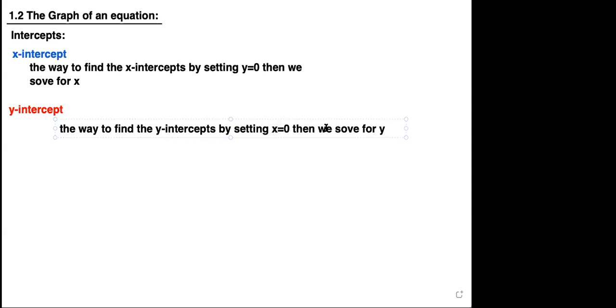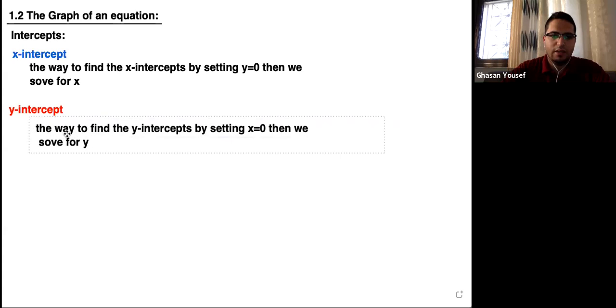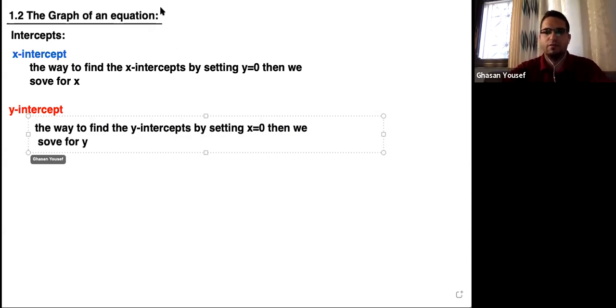This is how we can find the y-intercept. I'm going to give an example, and I will show you how we can find both the x- and y-intercepts.